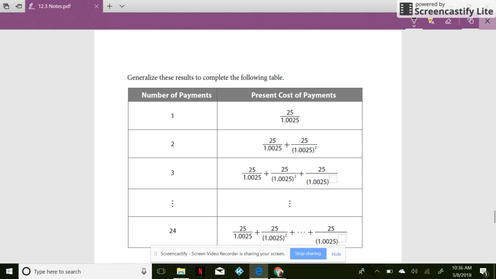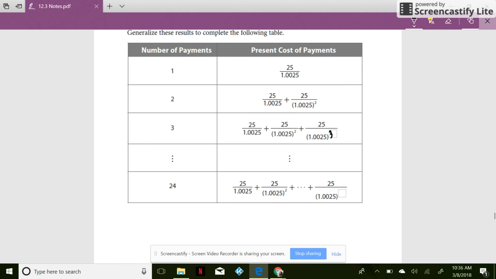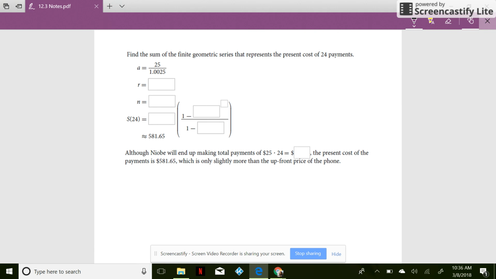So you can continue in this pattern all the way through the 2 years of the phone payments that she's going to possibly make. So we can find the sum using our rules. Our initial value is 25 divided by 1.0025.